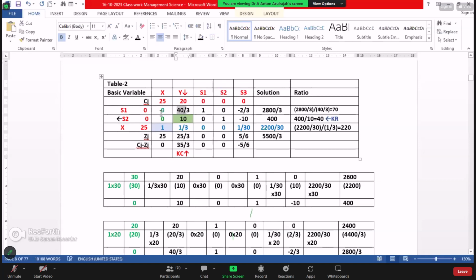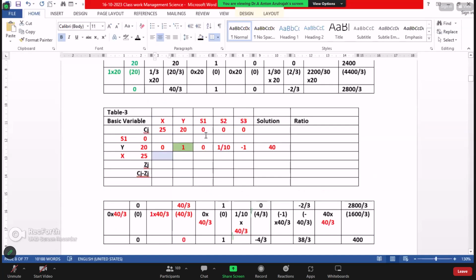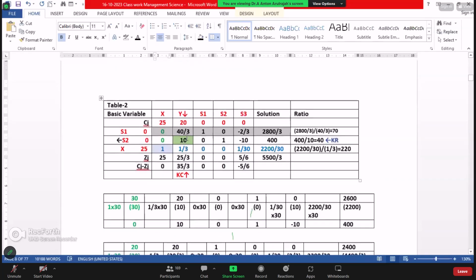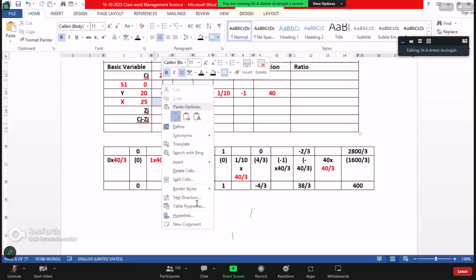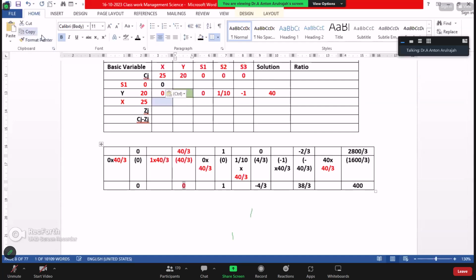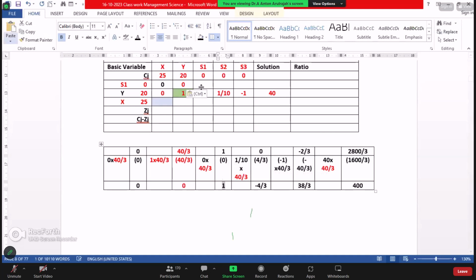So now we have done this one. I have copied in all these places the new values in the table number 3. Okay. Right. So now here I have to put 0. Also I have to put 0. Here I have to put 1.